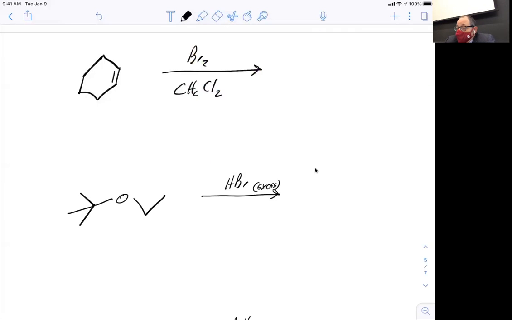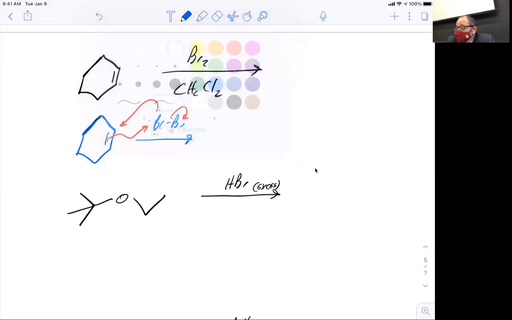Okay, in the first case, start with the alkene. The alkene is going to react with the bromine. Remember that the bromine makes a bromonium ion, which is cyclic. So we have a slightly different mechanism here.